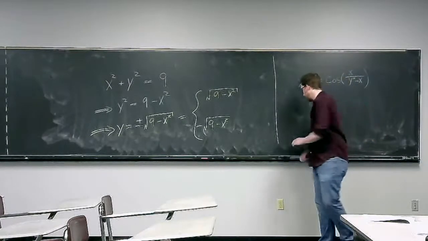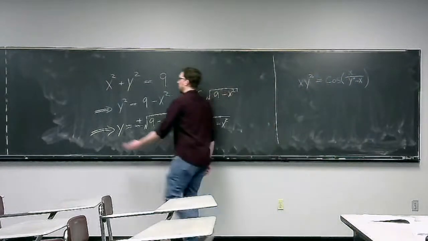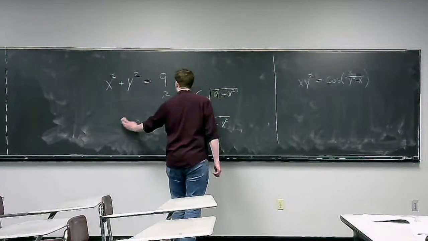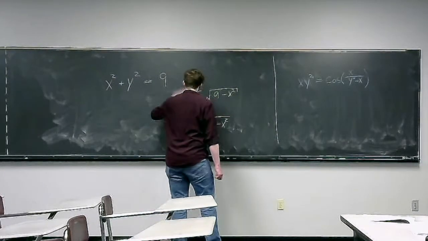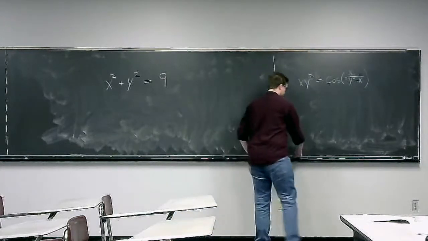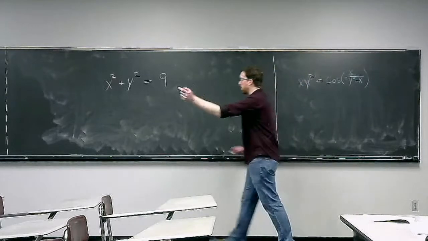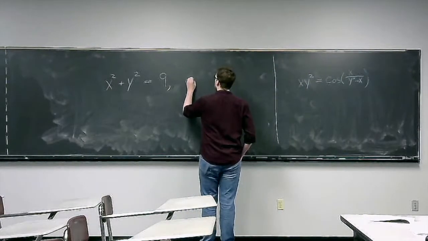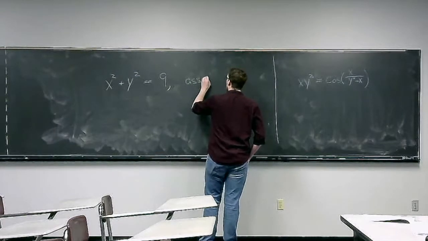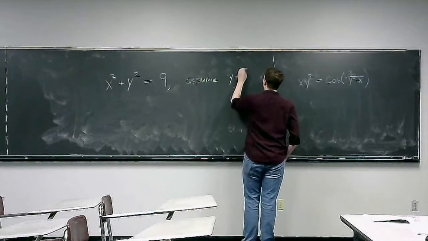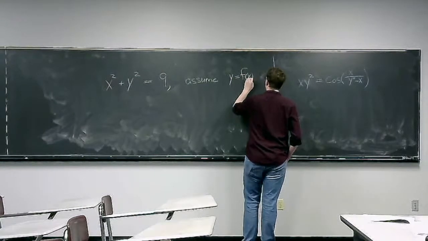The way it works is we're going to say, all right, I want to apply the derivative to this equation. That means I need to apply d dx to both sides. But first, we're going to make an assumption. We're going to assume y is equal to f of x.